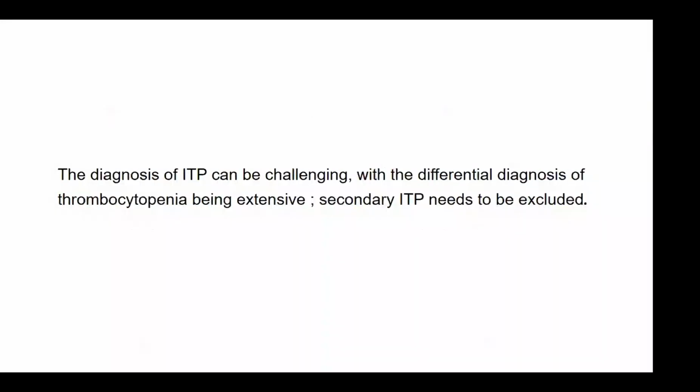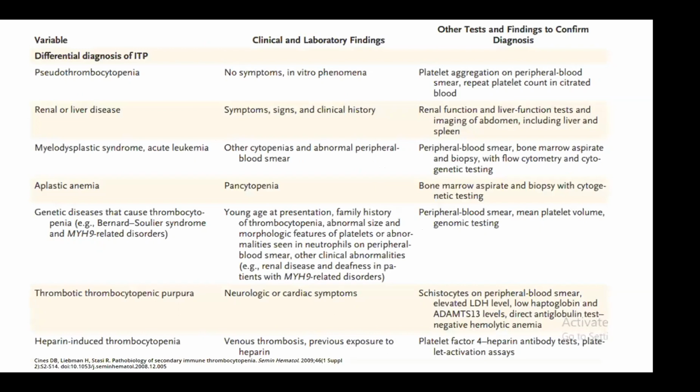The diagnosis of ITP is a challenge because we have a lot of differential diagnoses of thrombocytopenia, and secondary ITP should also be excluded. This is the chart showing the differential diagnosis of ITP. We have pseudothrombocytopenia.